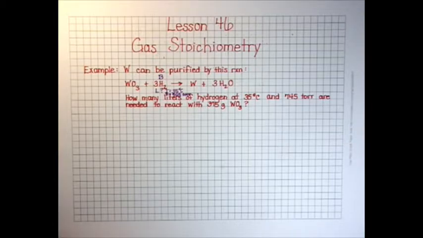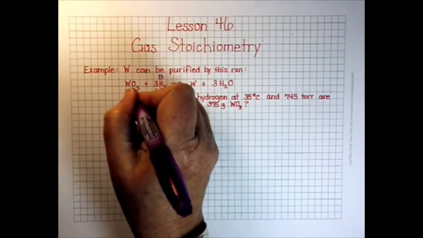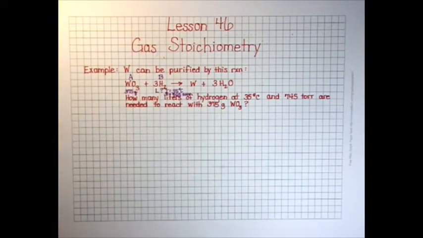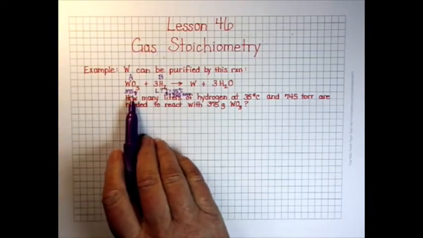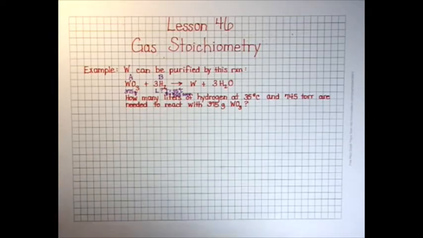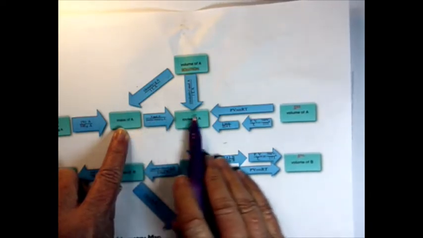We are told that we have 375 grams of the tungsten oxide. And since we know the amount of that, this must be A. So we're going from mass of A to volume of B, and B is a gas. But we have two choices at the end.